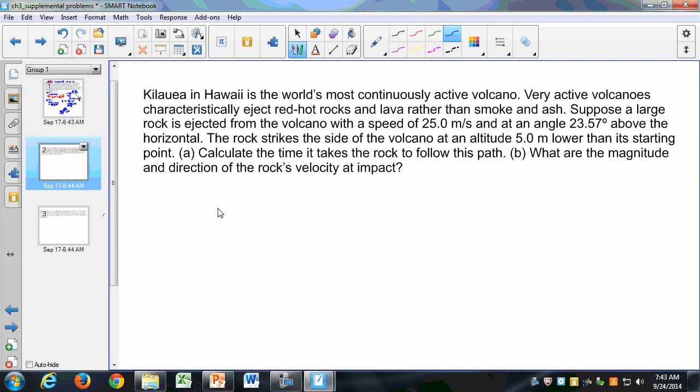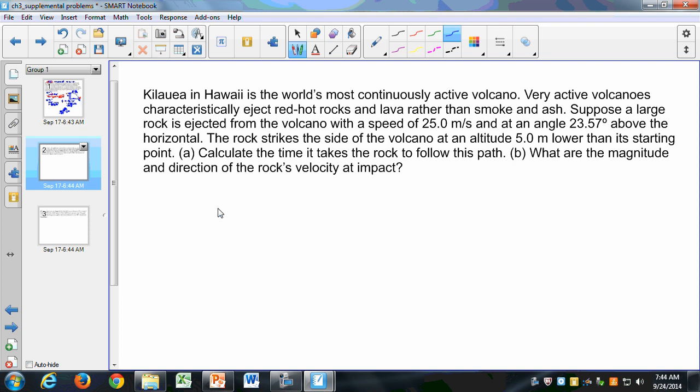Let's go and do this one. I have this volcano. It ejects red hot rocks and lava, and a rock is ejected at 25 meters per second at an angle of 23.57 degrees above the horizontal. It strikes the side of the volcano at an altitude that's 5 meters lower than its starting point.